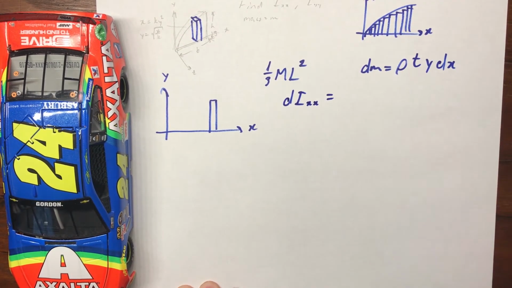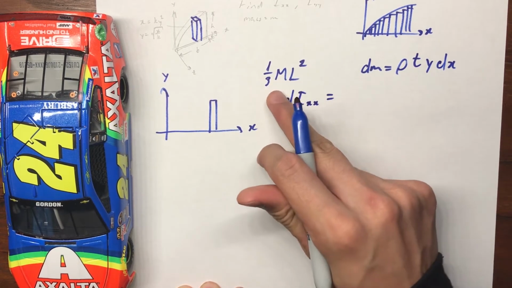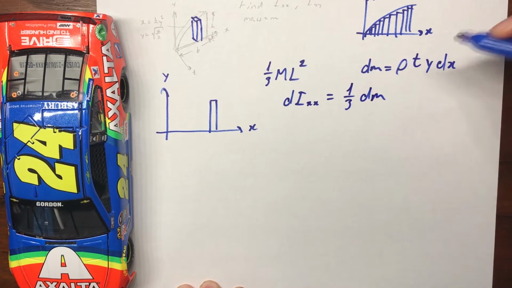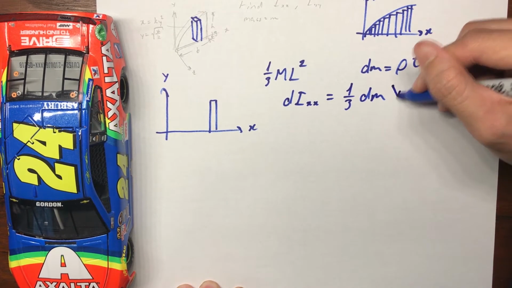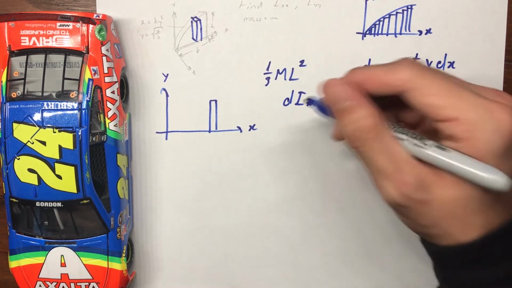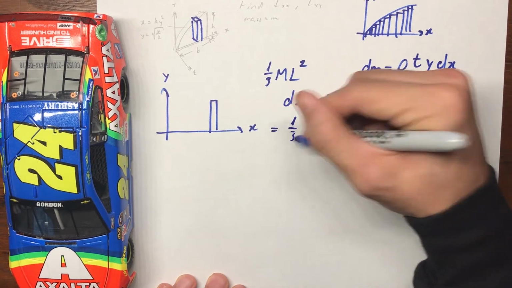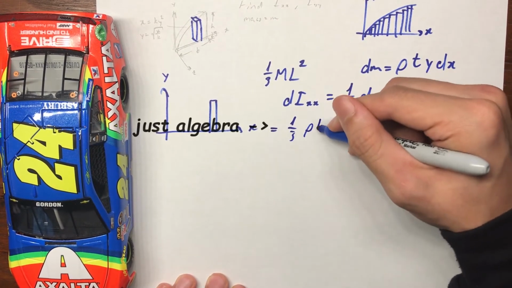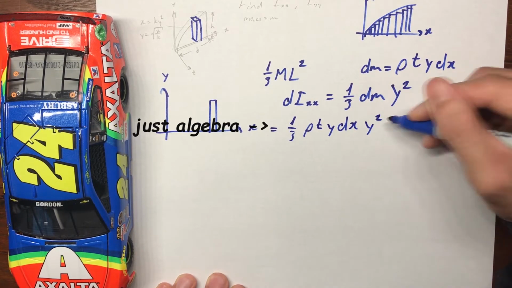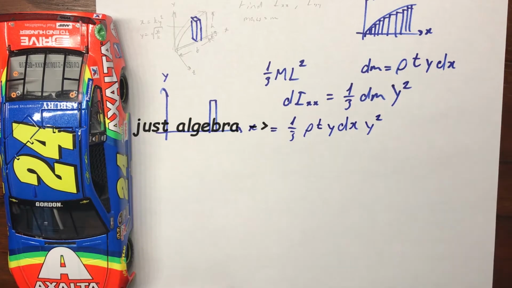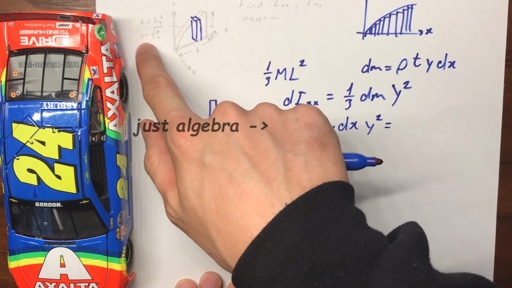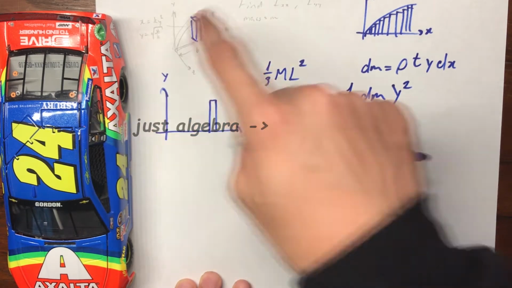dIxx, we'll call that. It'll be this formula, and real simple, just plugging things in. Y. And plugging in dm. And we have y and y squared, that'll just come in to be y cubed, and we'll actually substitute in the function that we already have, y equals square root x over k.